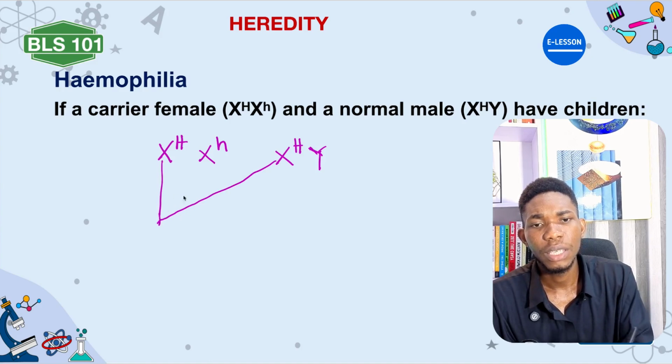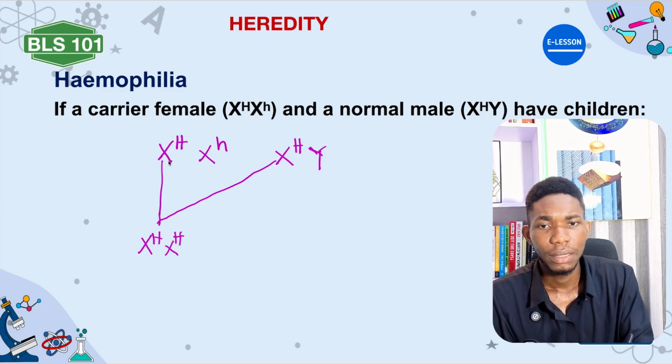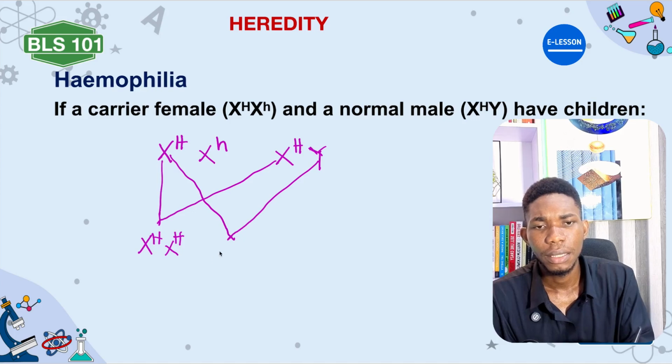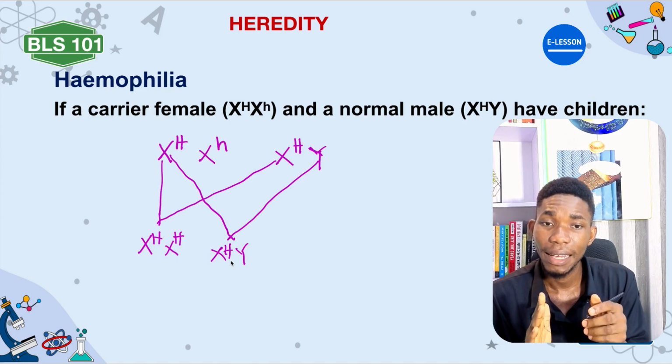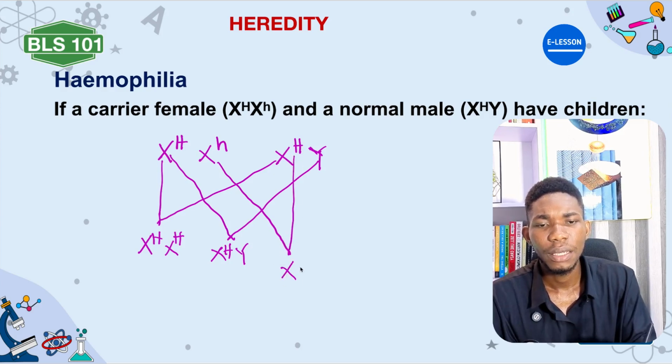Now, if crossing takes place, what do you think will happen? The person will give birth to a female that is normal, not a carrier. It will give birth to a male that is normal, not a carrier. Then it will give birth to one female that is a carrier.